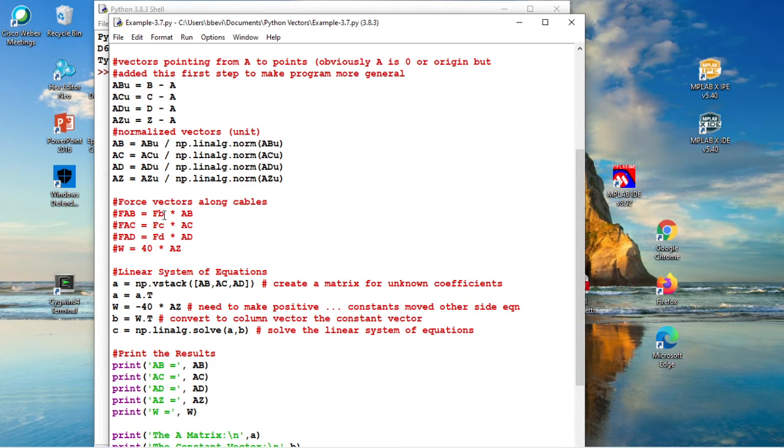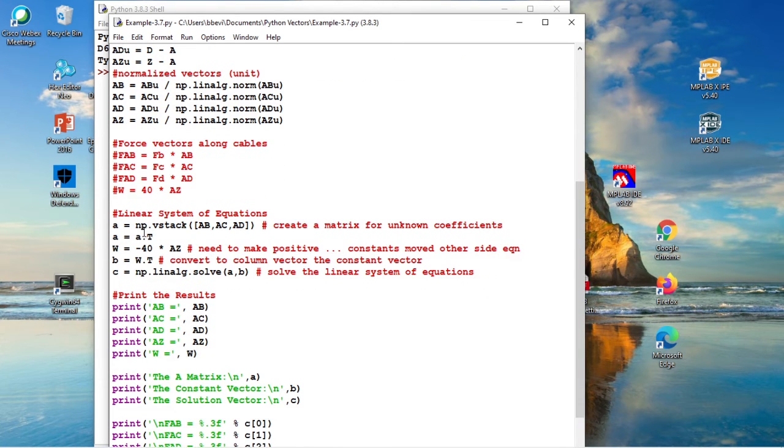What we don't know is the actual force along there, or the magnitude of the force. We do know the weight is 40 pounds for the crate, but we don't know these. So what we have is a system of linear equations, and we need to solve for FB, FC, and FD. So here's how we do that.